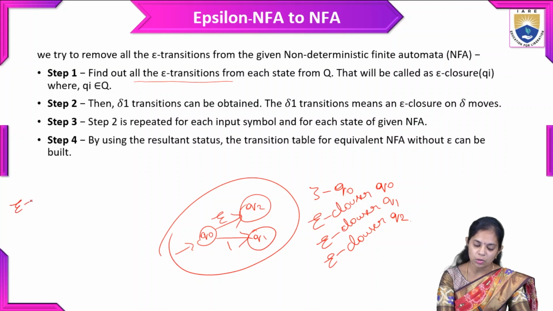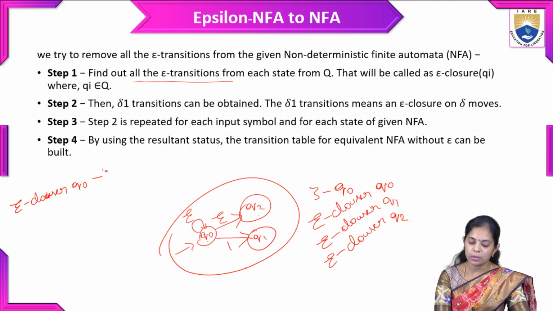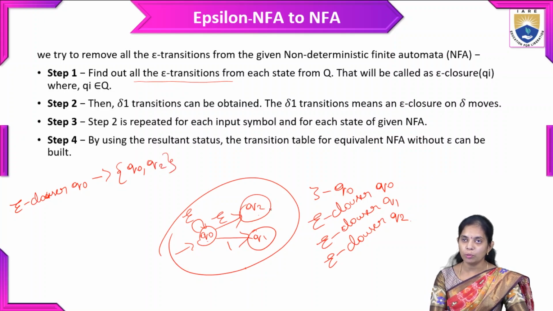Epsilon closure of Q naught: according to this transition diagram, Q naught has an epsilon transition to Q2, and also itself has the epsilon symbol. So the states are Q naught, comma Q2. These two are reachable by epsilon moves.